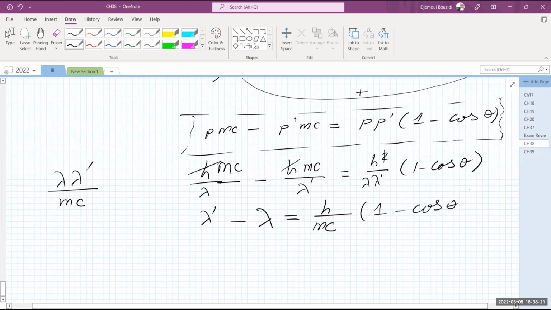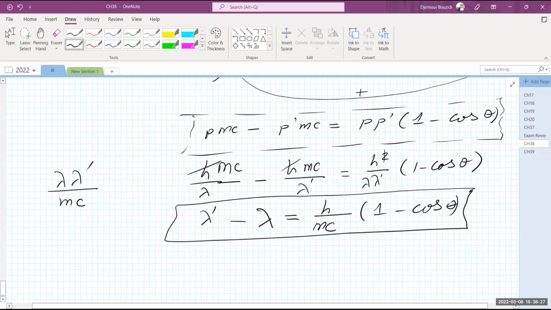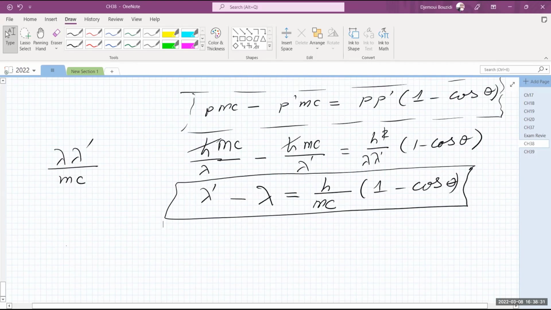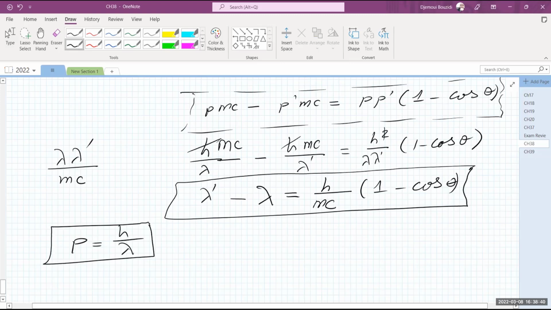So this is the theory, and it's all based on the fact that the wavelength and the momentum are related to one another through this expression. P is equal to H over lambda. So the fact that the light, which is typically a wave, has lambda wavelength, now has momentum.